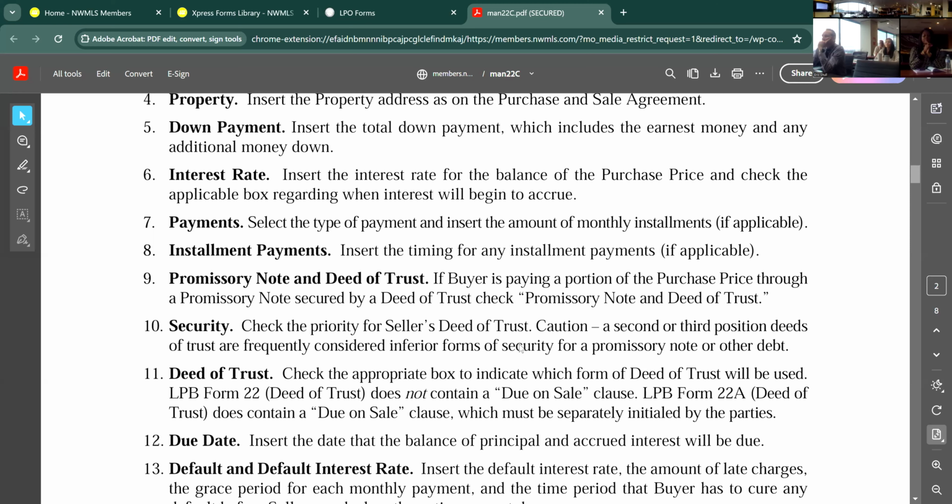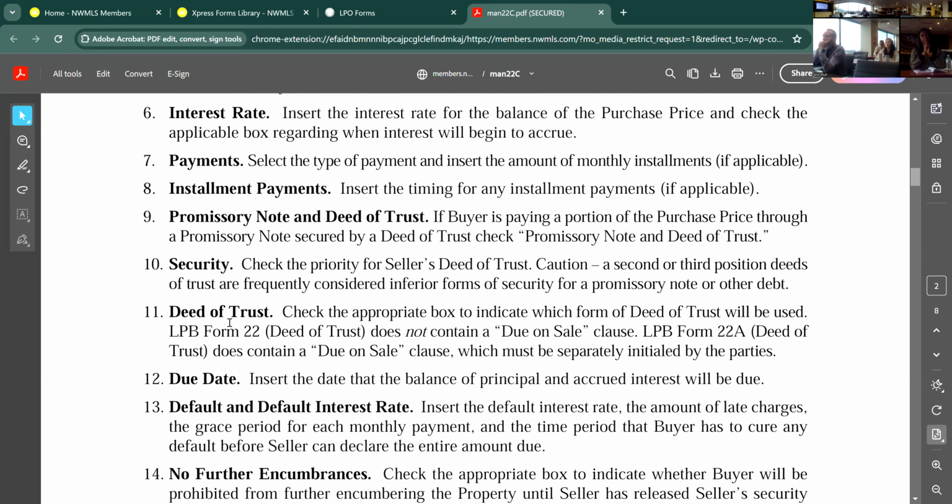Deed of trust: check the appropriate box to indicate which form of deed of trust will be used. LPB Form 22, deed of trust does not contain a due on sale clause. LPB Form 22A, deed of trust, does contain a due on sale clause, which must be separately initialed by the parties.